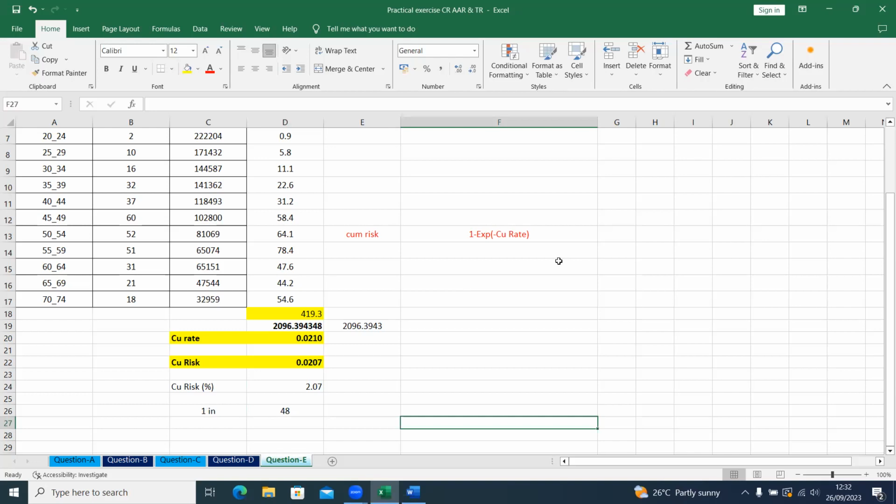This is clear, but the last point is not clear, because the 48 is showing the number of which one? Okay, 1 in 48. So now you show the calculation. That is 2.07%. So that is 100 by 2.07.